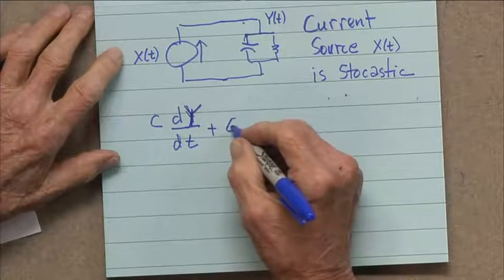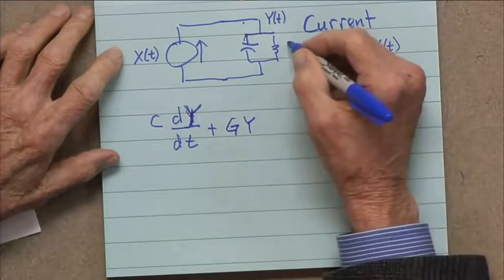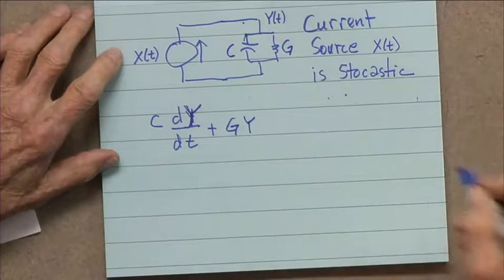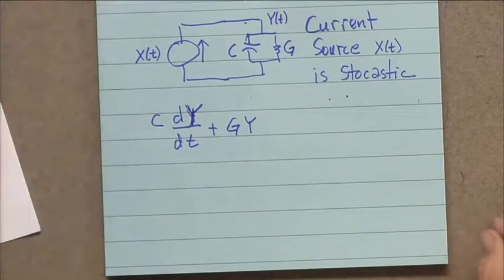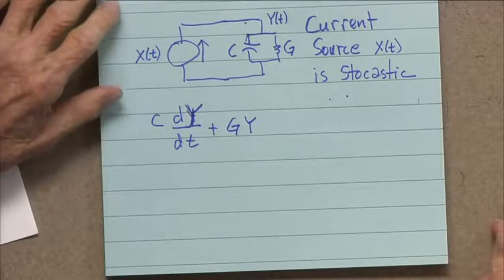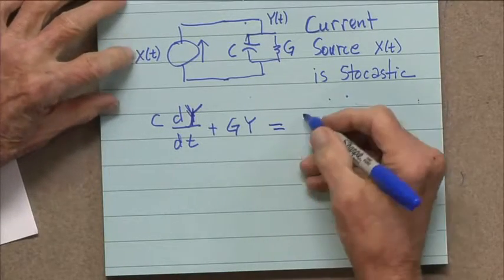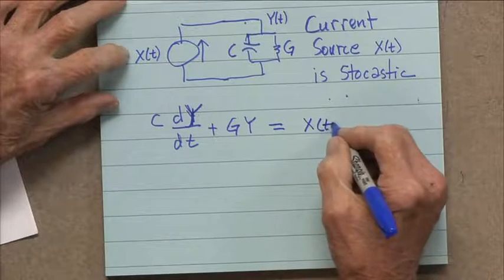It's equal to the input current source, X of t.